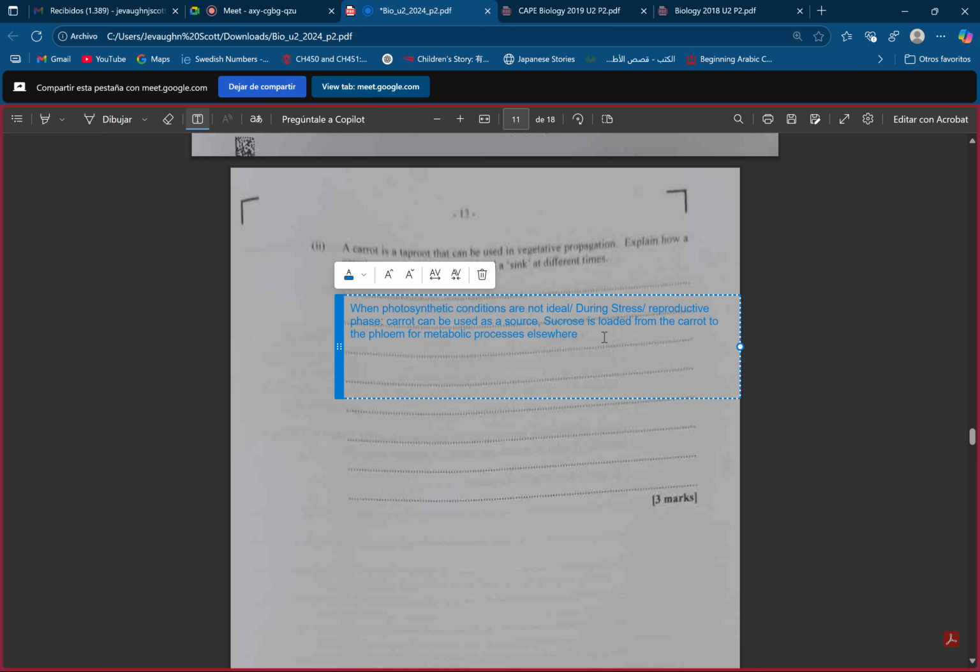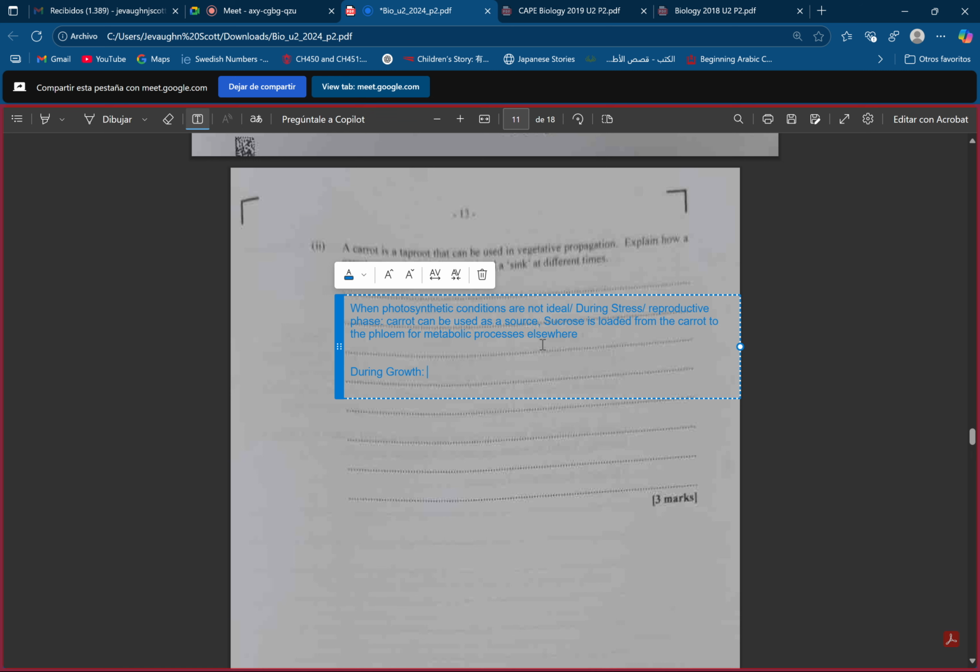All right. So now, how does it act as a sink? So looking at what's the time during growth periods. All right.